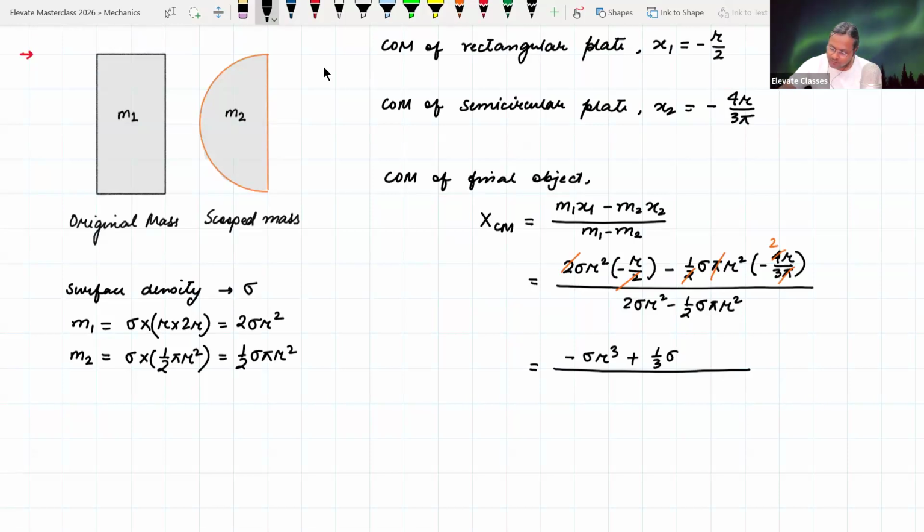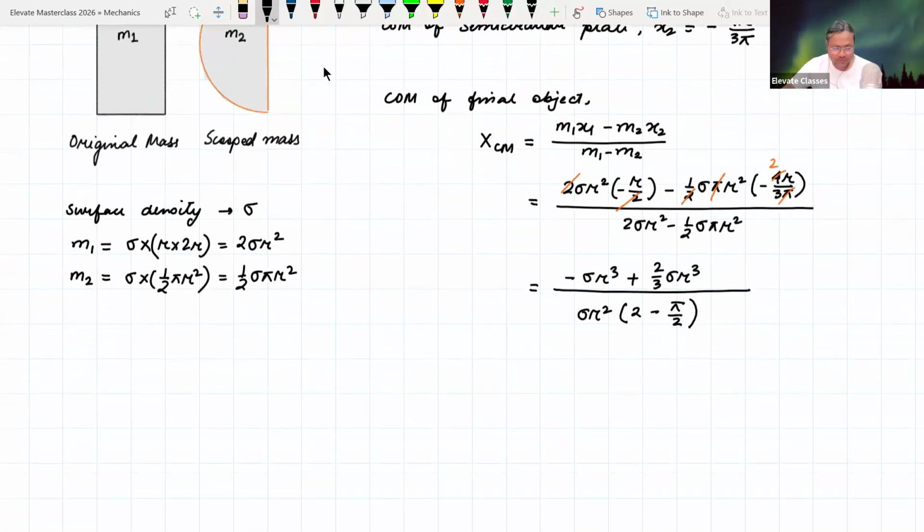So 1 upon 3 sigma R cube, no, 2 by 3, sorry, 2 by 3 sigma R cube. And here what will happen? If we take sigma R square common, we'll get 2 minus pi by 2, times sigma R square.